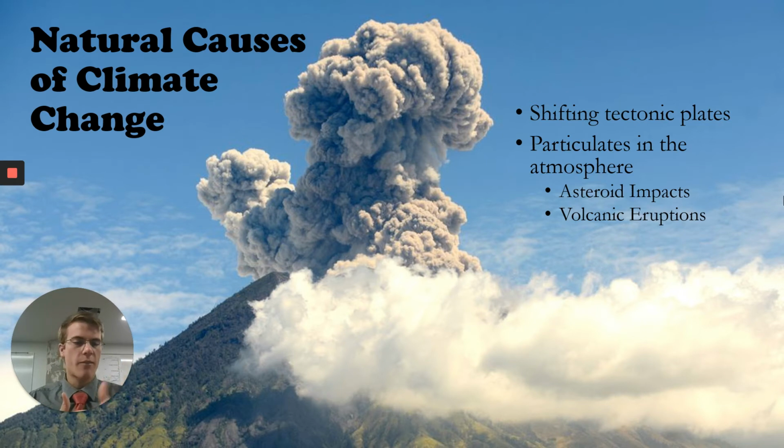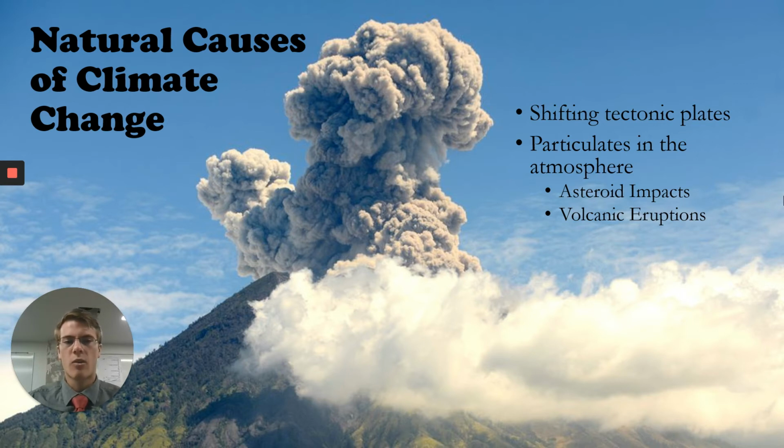Like Africa moved away from South America, right? That's how we get the Atlantic Ocean, that divide. North America moved away from Europe. And as they've moved away, naturally they're going to have different climates because their proximity to the equator is going to be different, and so their temperatures are going to be different.